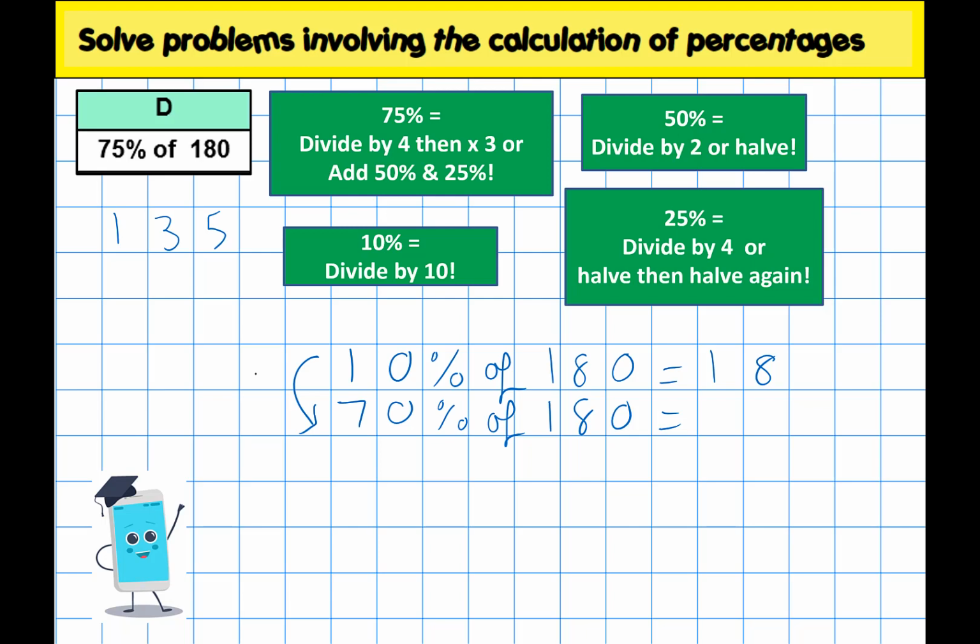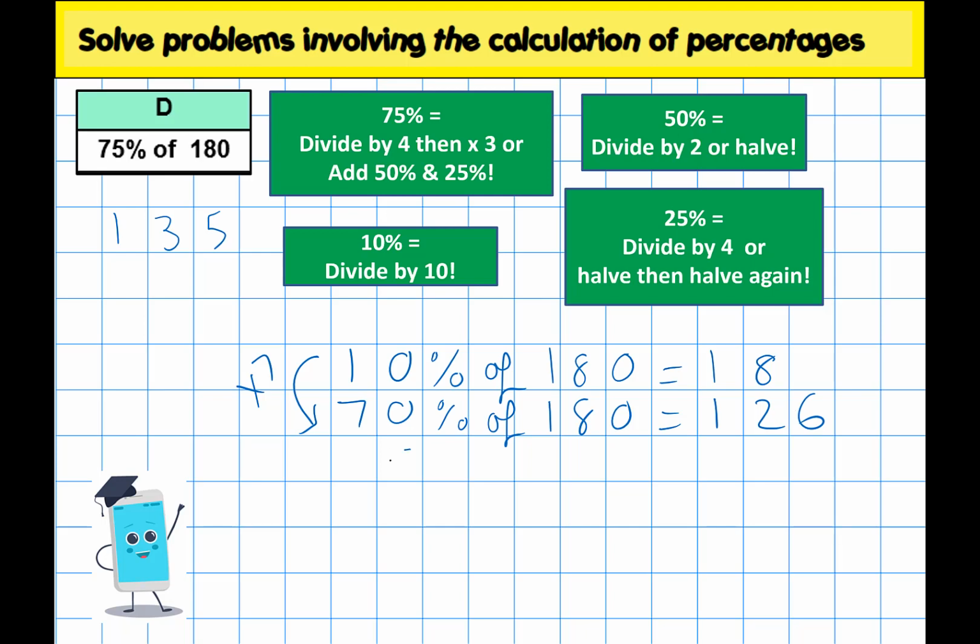I need to find 7 lots, don't I, of 10%. So I'd need to do 18 times 7. 8 times 7 is 56. 1 times 7 is 7, plus 5 is 12. 126.